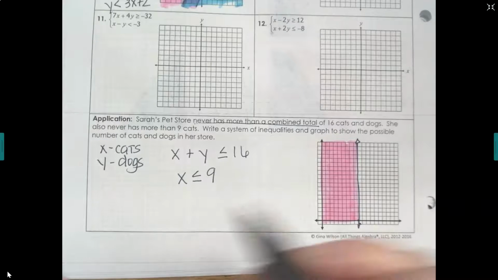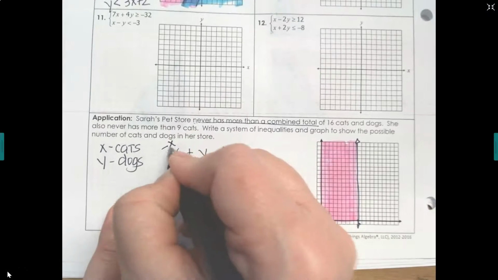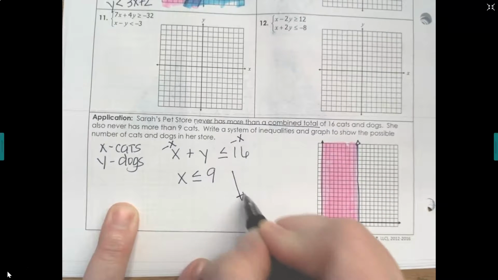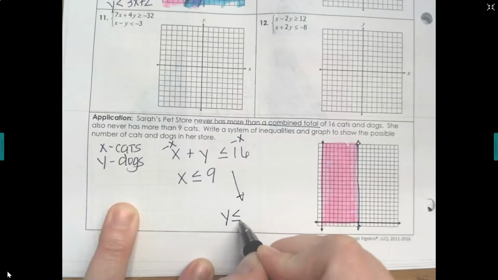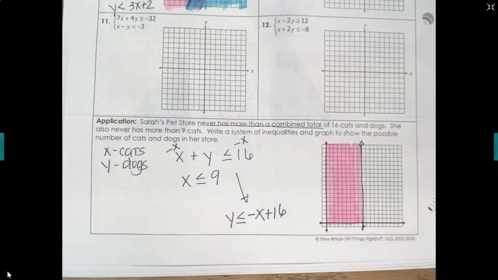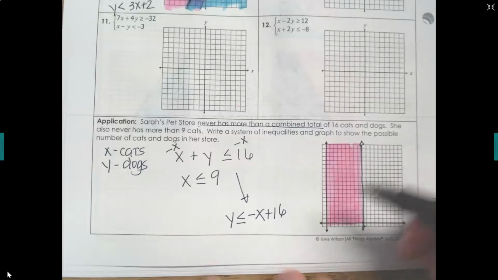Now let's try our second equation. We're going to have to put it in slope-intercept form. So that one's going to give us y is less than or equal to negative x plus 16. So the y is by itself. We don't need to divide or anything. So let's start where y is 16.